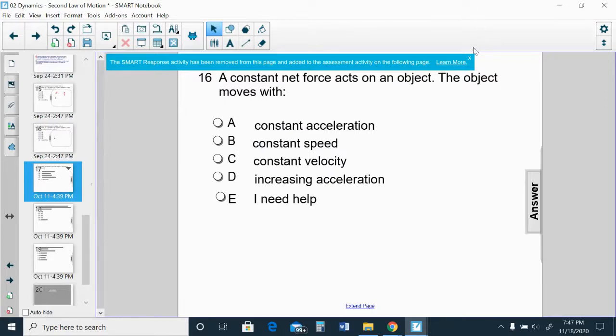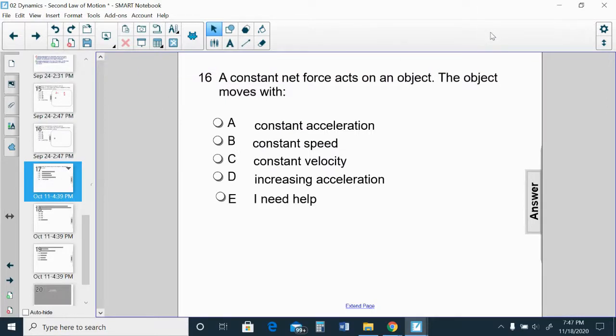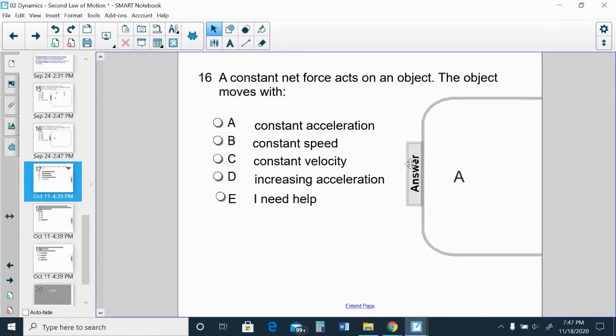A constant net force acts on an object. The object moves with... The answer is A, constant acceleration. Remember, if a force is acting on an object, there will be an acceleration.